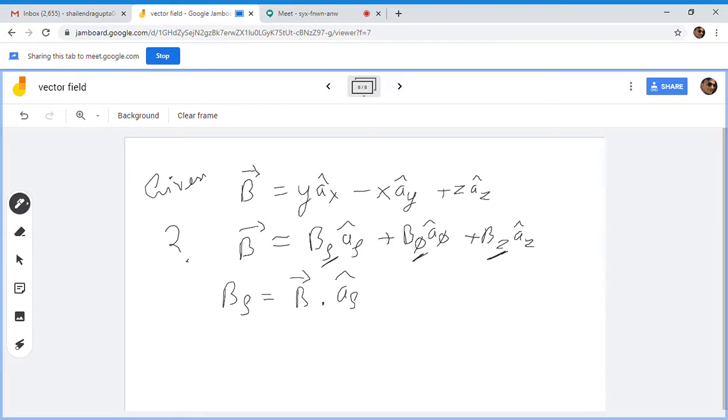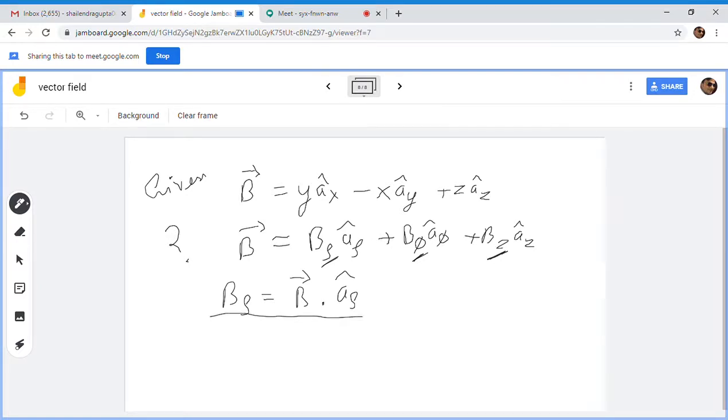And as a phi and az are perpendicular to the a rho direction, because all the unit vectors in a coordinate system are at 90 degrees to each other, the other components will become 0. So this will give you b rho.